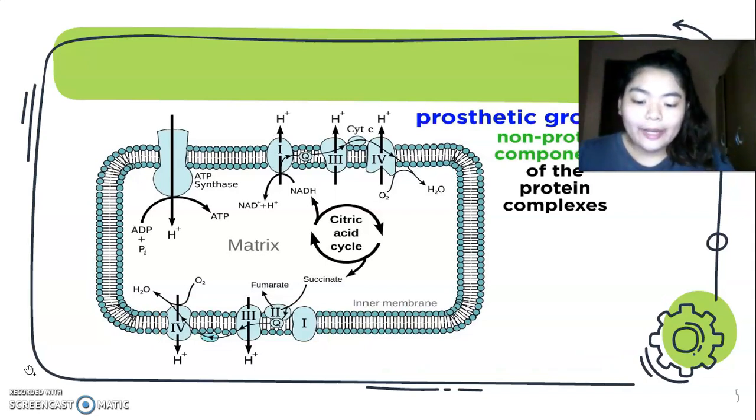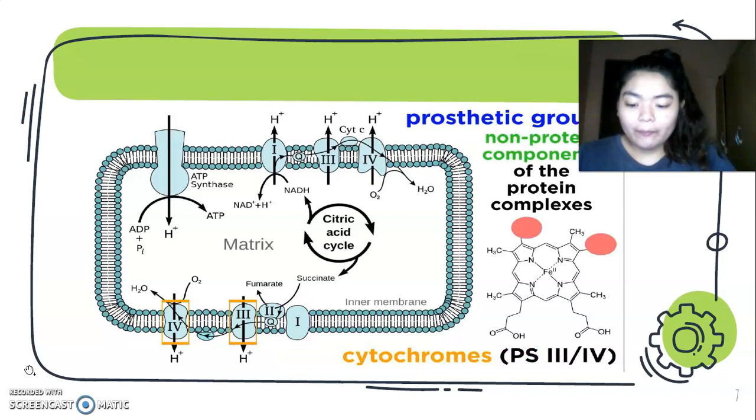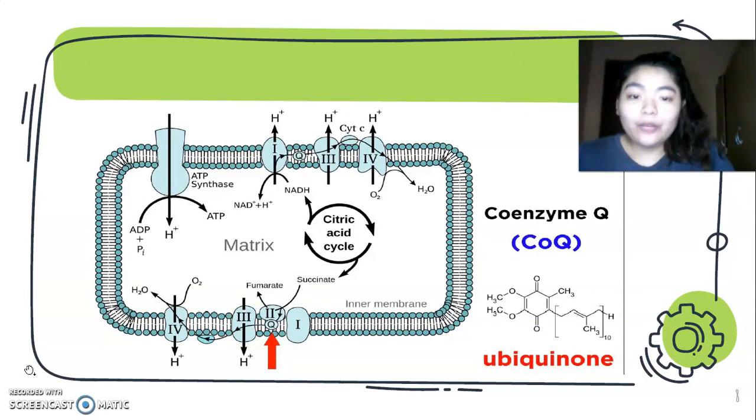These proteins bear a variety of prosthetic groups, which are non-protein components that give the protein its functionality, including flavin mononucleotides and cytochromes. There is also one compound in the electron transport chain that is not a protein, and that's ubiquinone, a small hydrophobic molecule that is mobile within the membrane, and it is also known as coenzyme Q or CoQ.